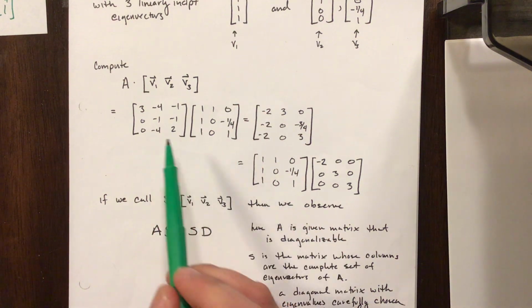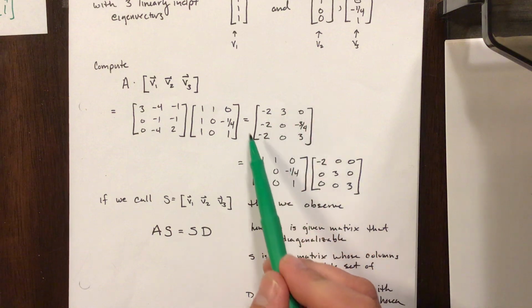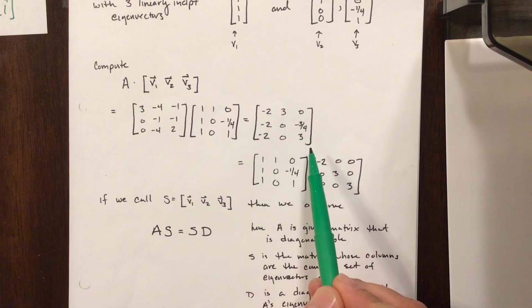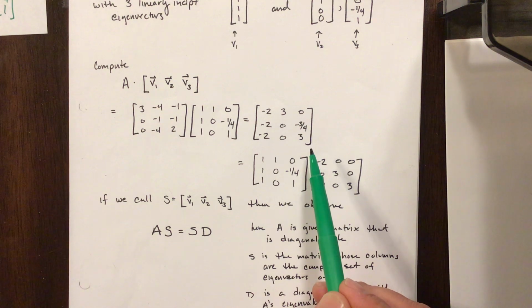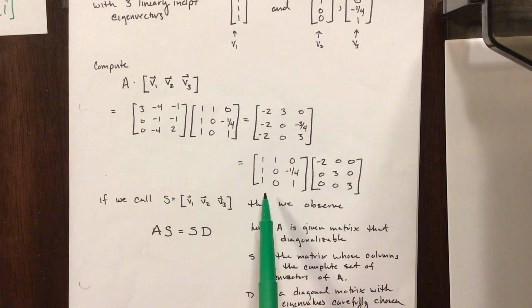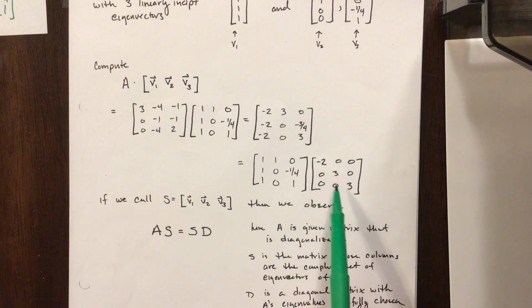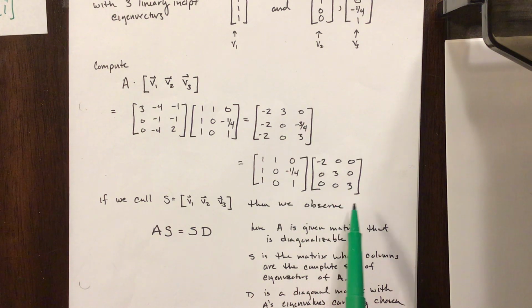What you'll see when you do this matrix multiplication is you'll get a matrix that looks like this. As a second related problem, I want you to take the eigenvectors for the matrix and multiply it by this diagonal matrix. Notice what is happening here.